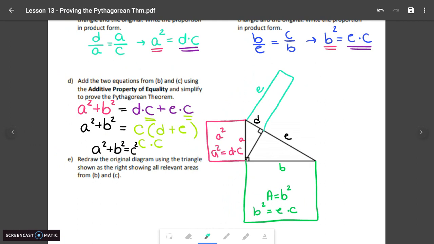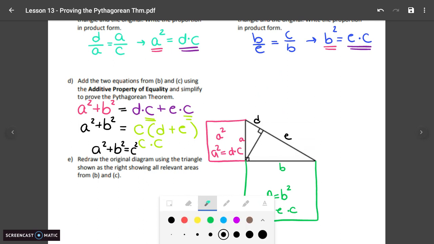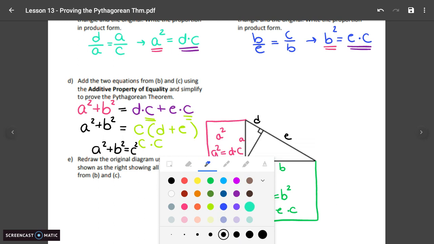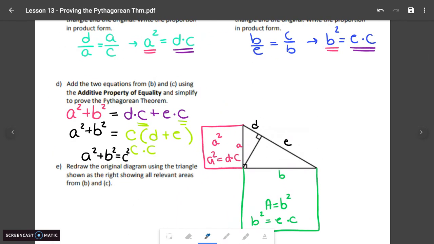Okay, because we know a squared was equal, I meant the length of c. Because if we go back, actually, if I back that up to have the original picture that we did on the other page, I'm going to draw this in here to divide this up, because I know that this was a length of c.